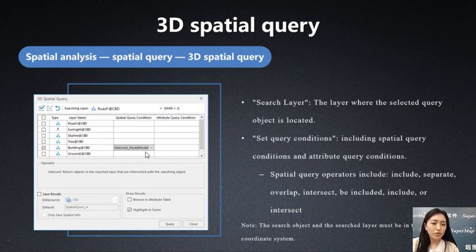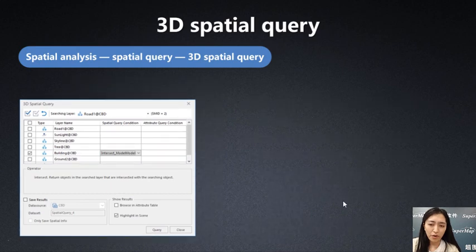And the spatial query operators include separate, overlap, intersect, and so on. The search object and the search layer must have the same coordinate system. That is what we should pay attention to, and we could save our result, and then click the query button.